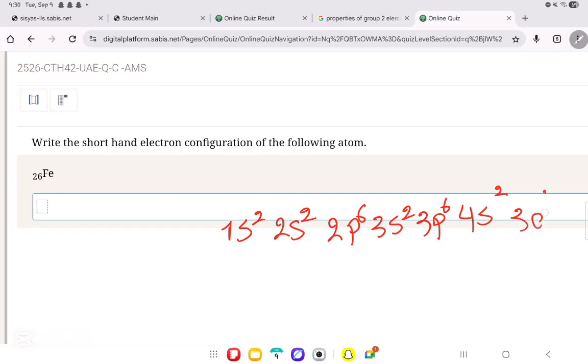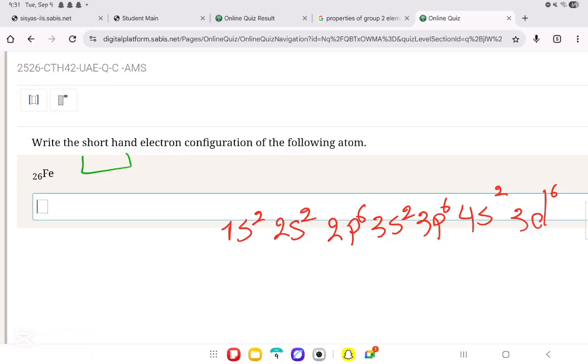The last thing left is to write it as a shorthand electron configuration. So you look at Fe. Where is Fe? I found Fe26. Look on your periodic table and see what is the noble gas directly before, not after, Fe. In this case, it's argon.